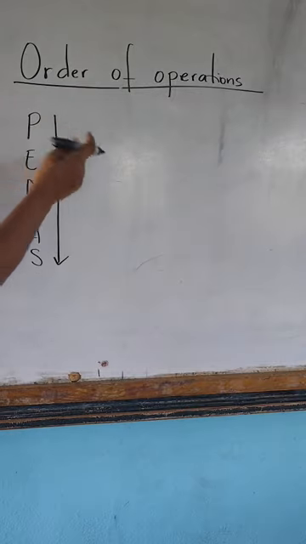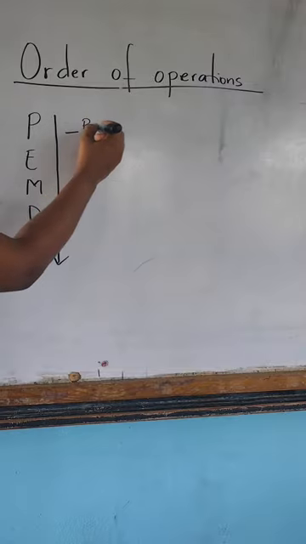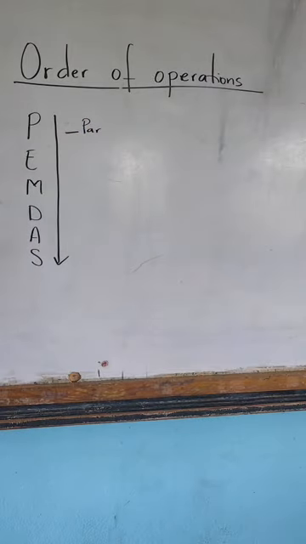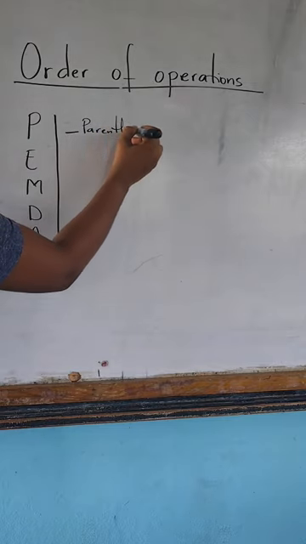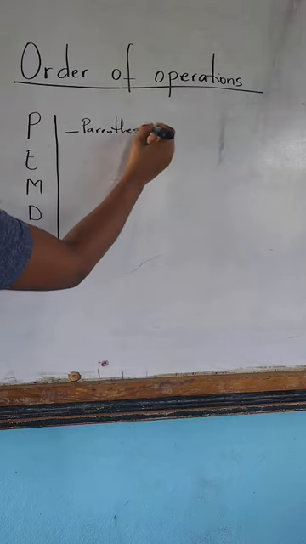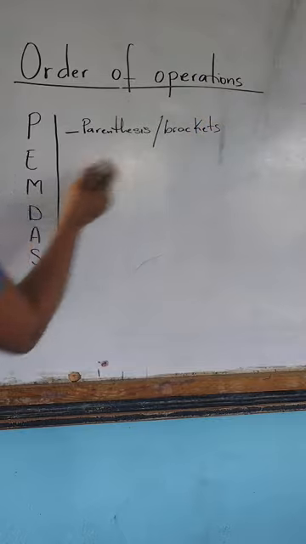Now, what does the P mean in PEMDAS? Your P represents your parentheses, and in our regular language we say brackets. So these are our parentheses, or we call them brackets. We move on.